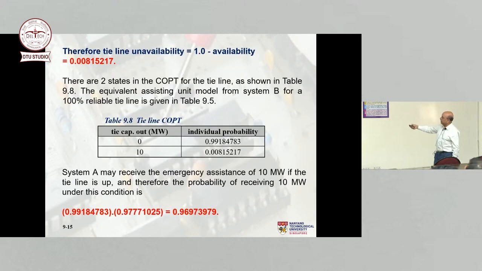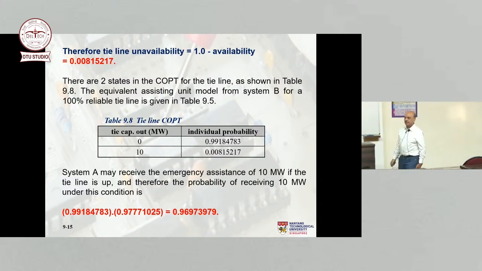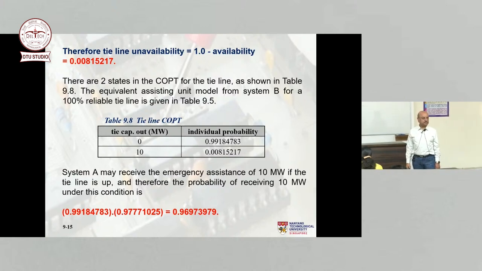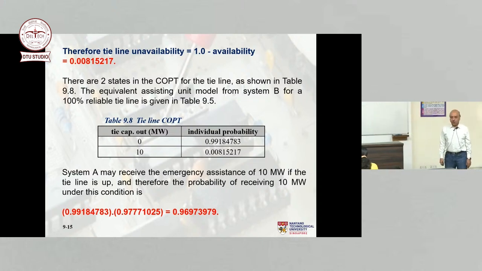So now the new table is this: tie line capacity, nothing is out, the individual tie line 10 megawatt. These numbers, how did we find these numbers? Unavailability and availability of the tie line is known.